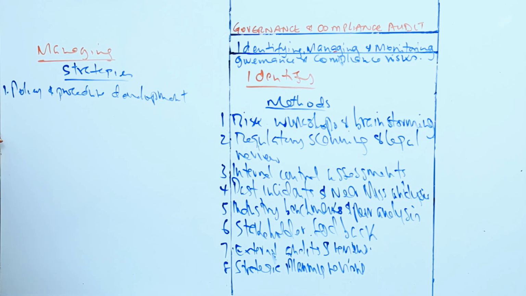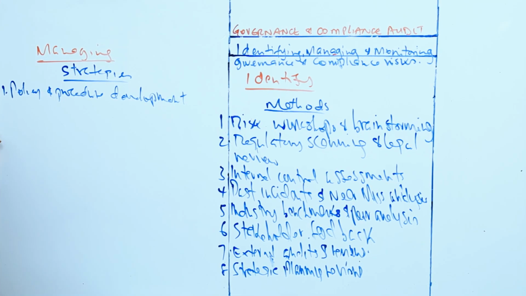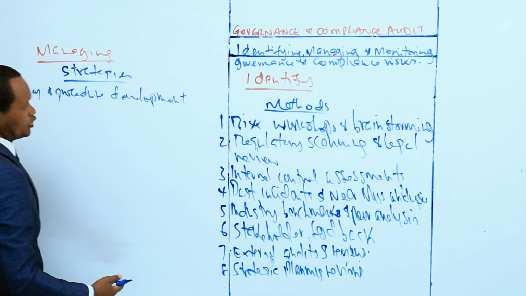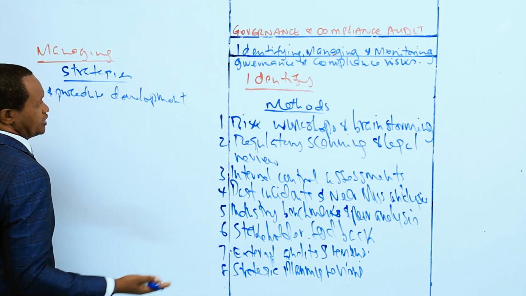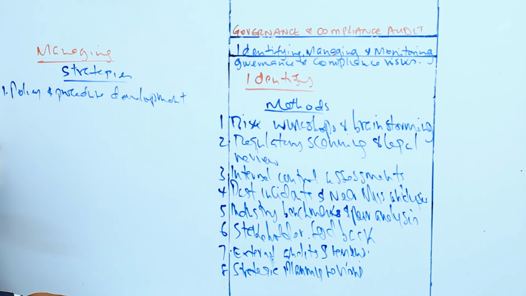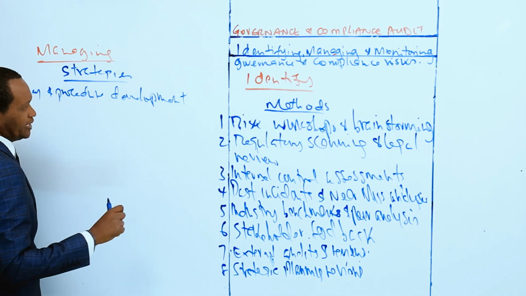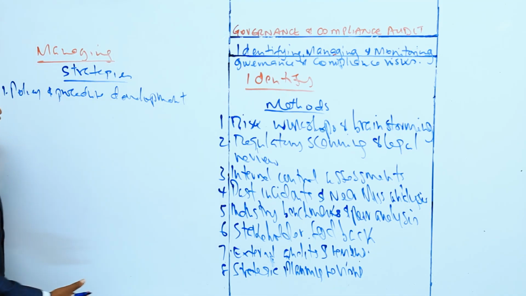Examples include having a code of conduct, whistleblowing policy, data protection policy, anti-bribery and corruption policy, conflict of interest policy, IT usage policy, procurement policy, and so on. Developing all these policies to address the risks that are identified, because a policy is a guideline. So the company can develop a guideline on how to manage the identified risks.